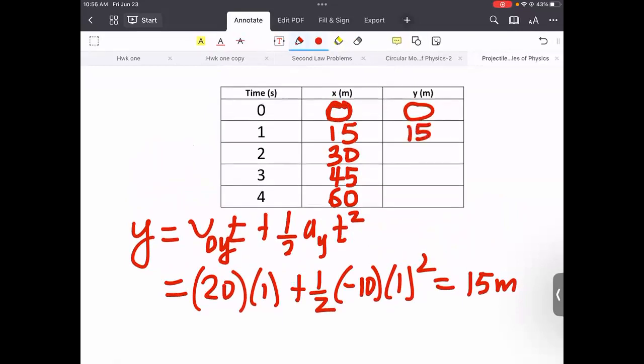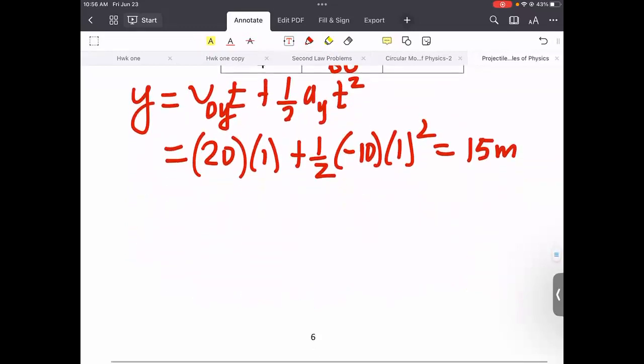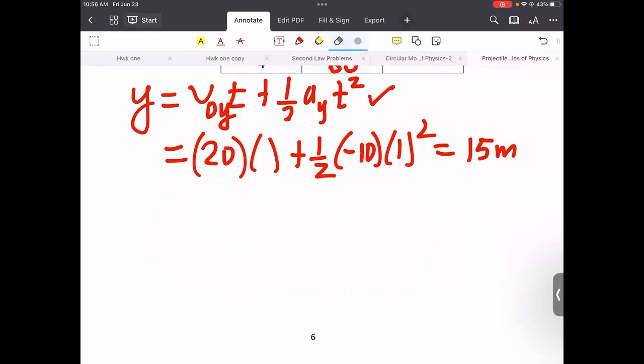Now we have to change the time. The formula is the same. I'll change the time to 2 seconds here and here. What will be the displacement upward? That gives me 40 minus, you can put all this in the calculator and see what you get also, 5 times 4, which is 20.